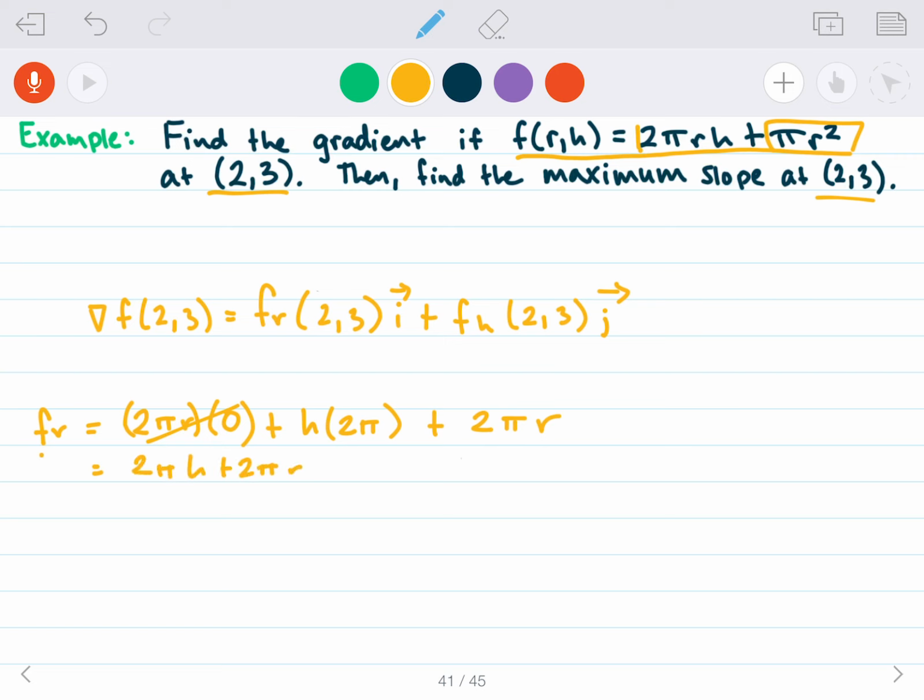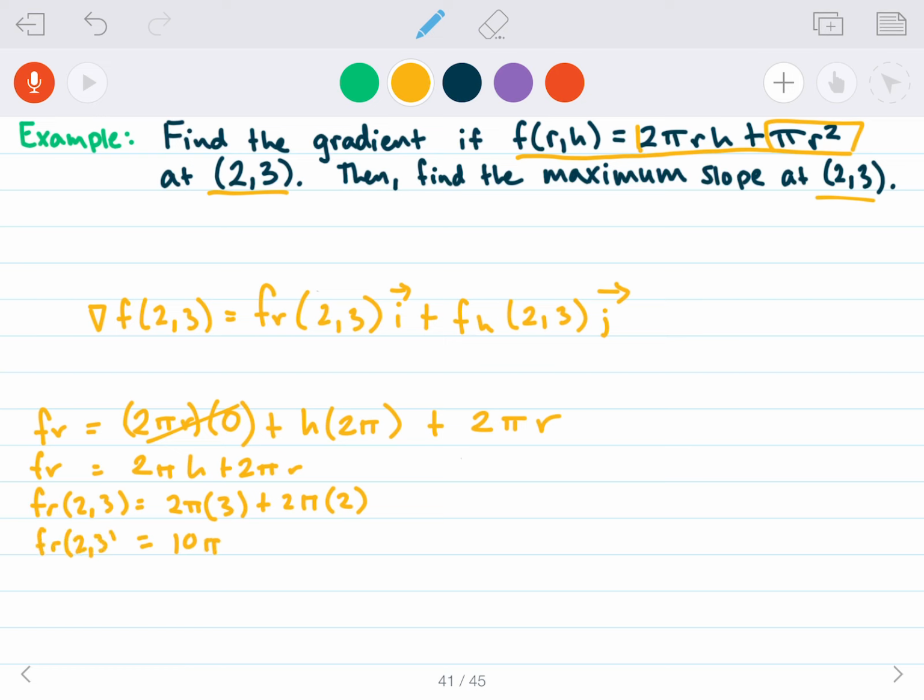So that is my derivative with respect to r. Now if I plug in (2, 3) in here, r is 2 and h is 3, so I get 2 pi times 3 plus 2 pi times 2, so that's 10 pi. So that was one piece of information that I needed.